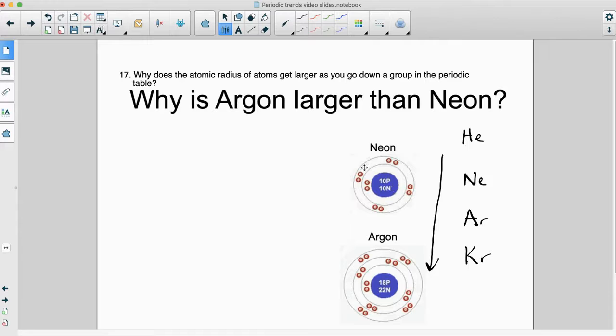So if you take a look here, neon has two electron shells. Argon here has 1, 2, 3 electron shells, has more electrons. So we need 3 electron shells to put in the electrons.